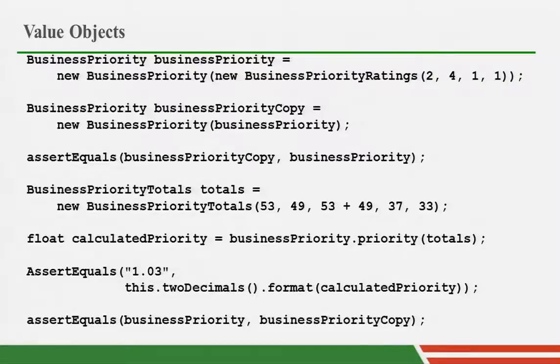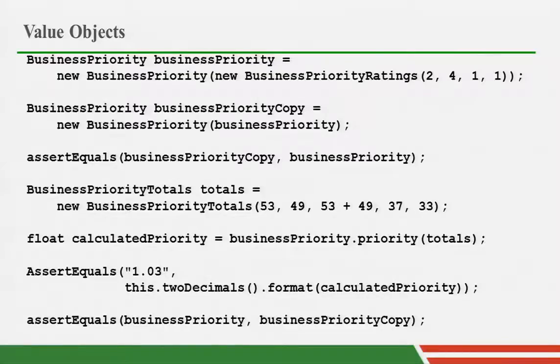So this is functional, right? We're not mutating, we're simply returning a new value. I not only assert that the answer was correct, but I assert that I did not mutate. So I'm testing to make sure that my business priority is in fact immutable. Okay? Just to make sure the map doesn't change anything.